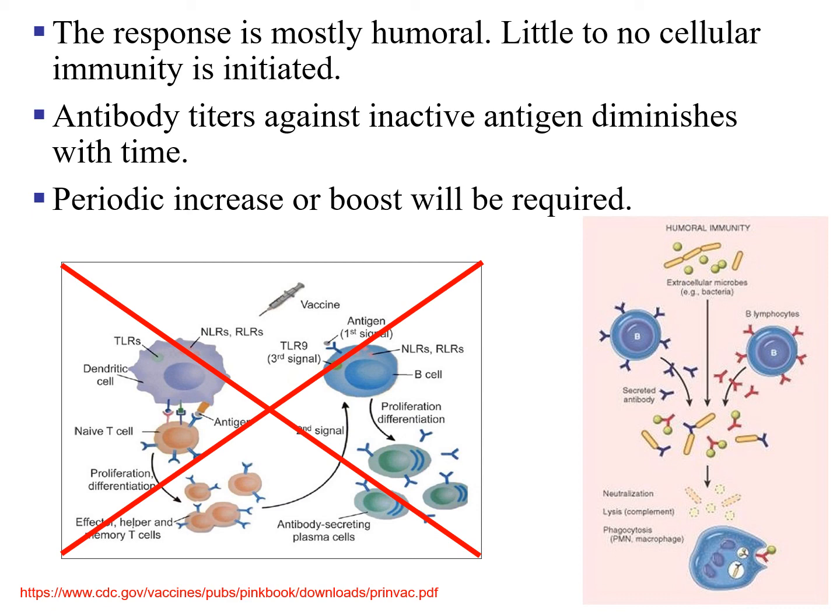Periodic increase or booster shots will be required. So if you've ever experienced a booster shot, you most likely were given a lesser type of vaccine, a vaccine that was dead, that was not able to replicate. So therefore you had to have a larger dose of the antigen to develop this immune response.